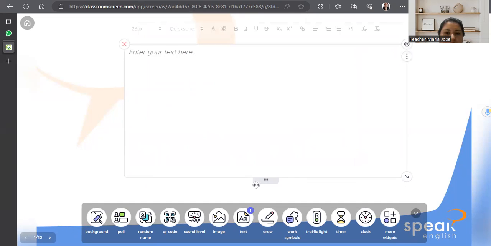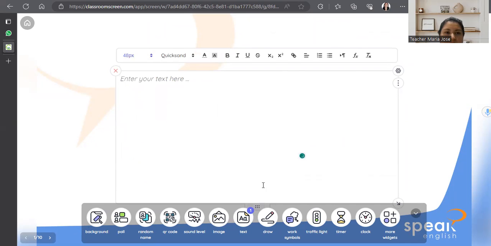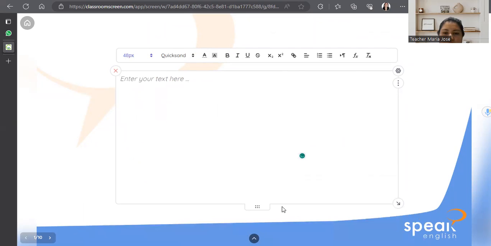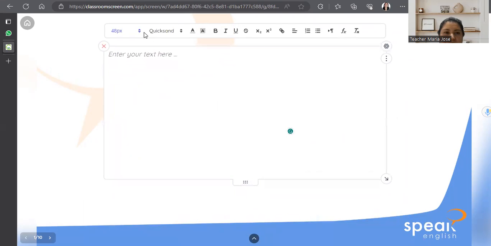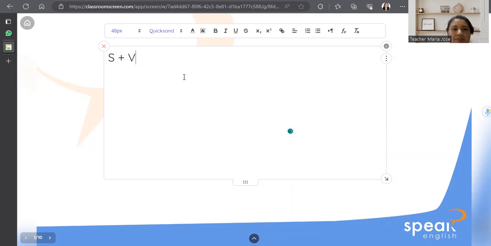So let me see, maybe Alejandra, can you help me with the structure that we use for the simple present, please? Affirmative. Subject plus verb and complement. All right.